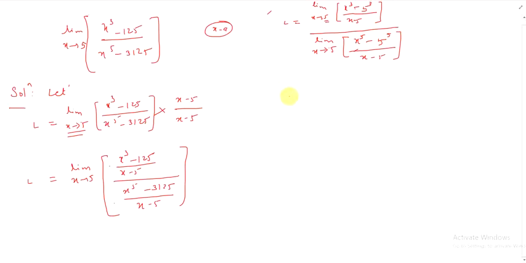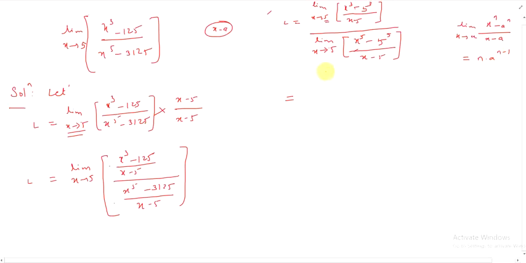So taking separate limits and using the result, which result? We know that limit x tends to a of (x raised to n minus a raised to n) upon (x minus a) is equal to n into a raised to n minus 1.